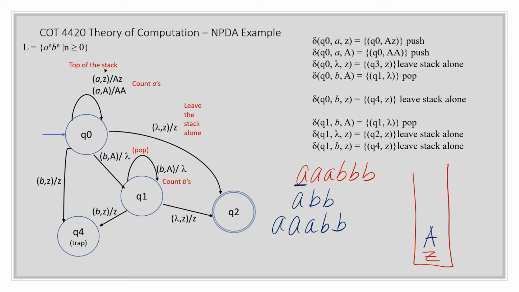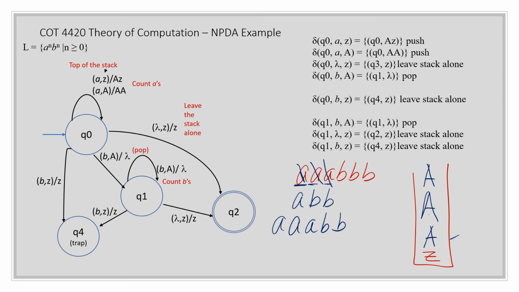So now I've consumed that one, and now I get to my next symbol. It's an A. There's an A on the stack, so I'm going to push another A on there, and that symbol's done. Then I'm still here in Q0. There's an A. There's an A on the stack. I'm going to push another A on here and stay in Q0.